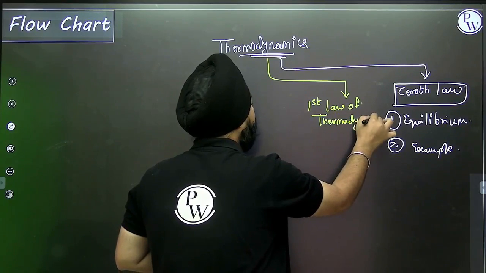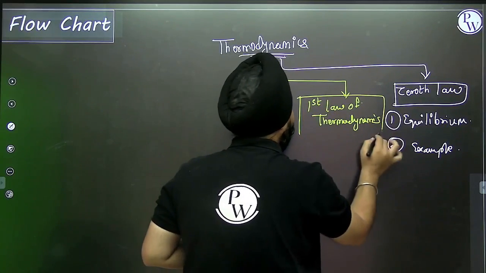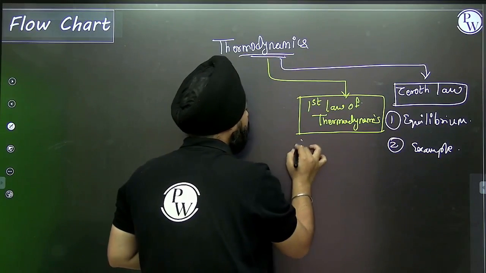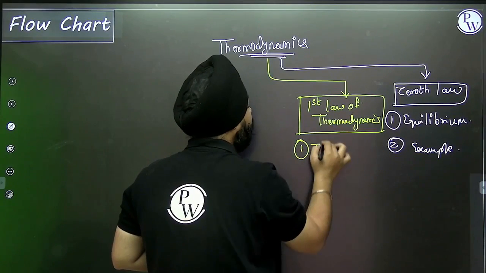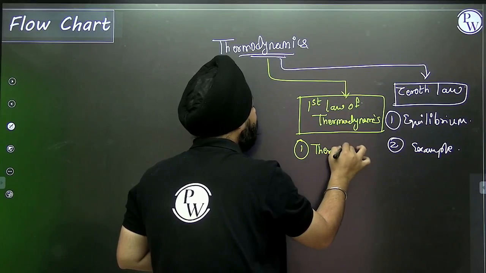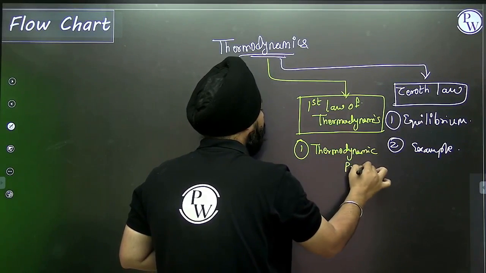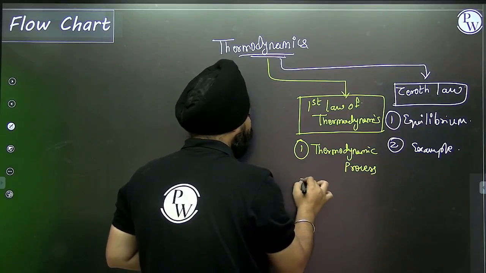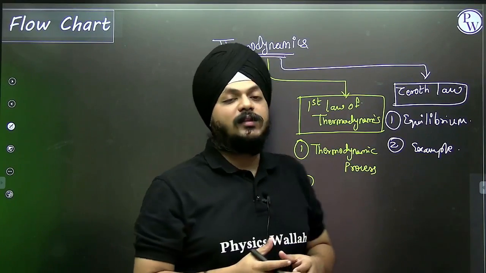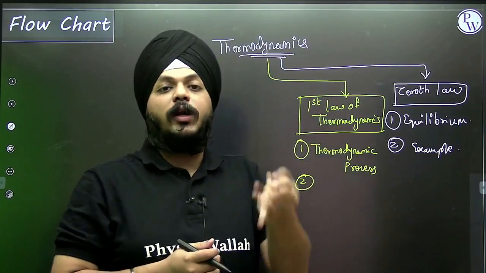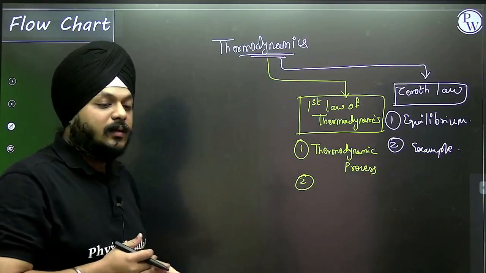In the first law of thermodynamics, before this, thermodynamic processes are discussed. Examples of these thermodynamic processes are isobaric, isochoric, isothermal, adiabatic.